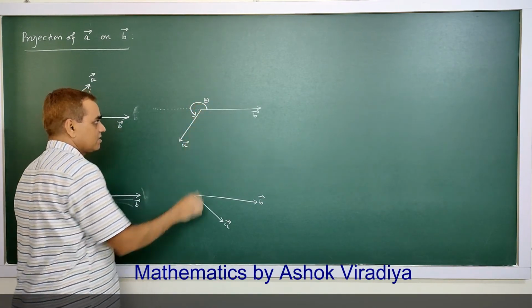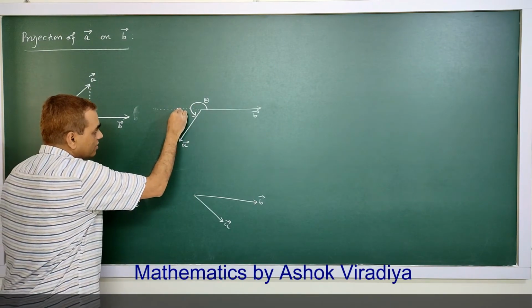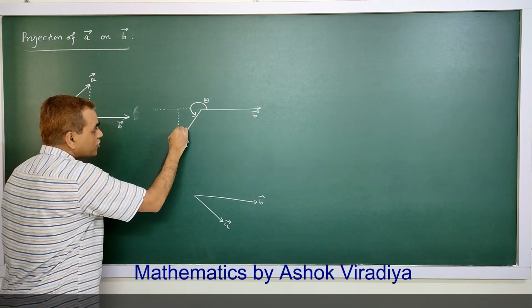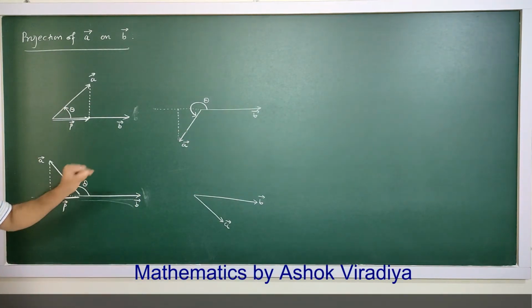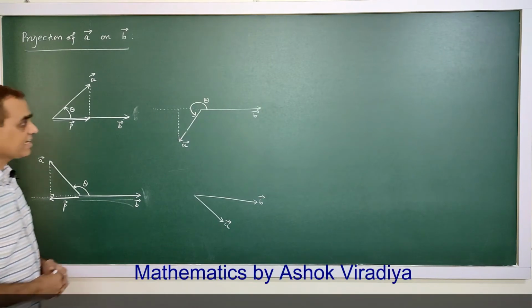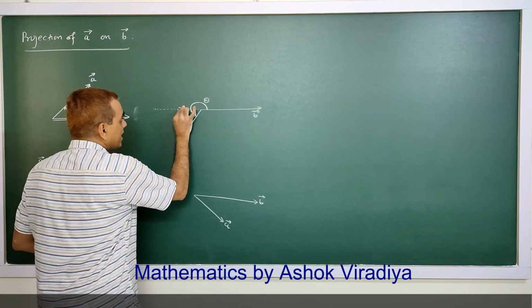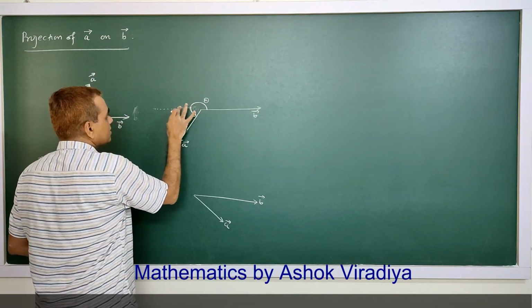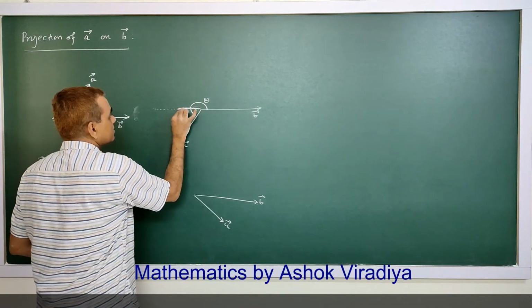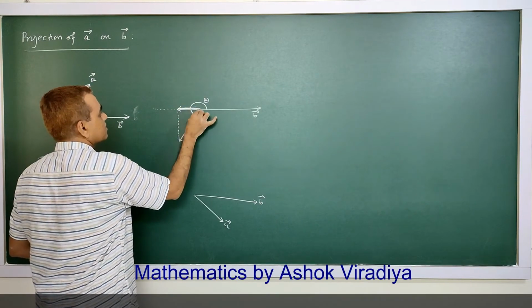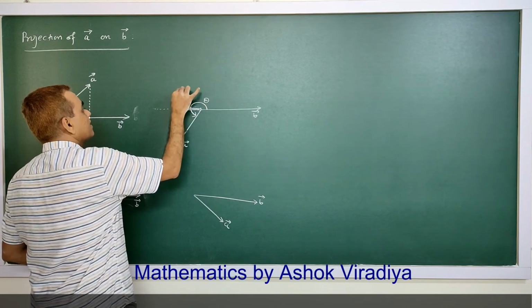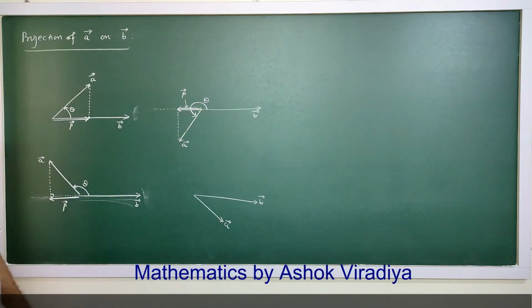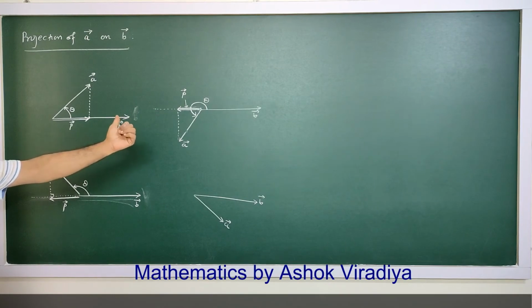You want the projection on B, so take a perpendicular on B from the terminal point of vector A. So this vector is vector P, the projection vector. Again the projection vector is in the opposite direction of vector B because theta is in the third quadrant.